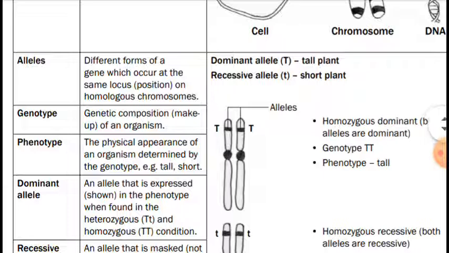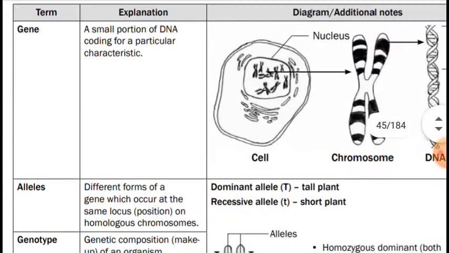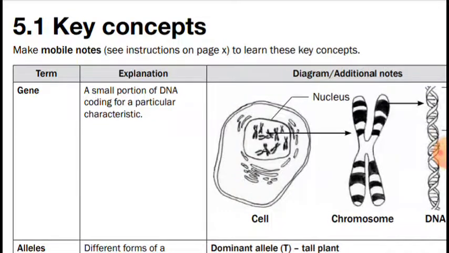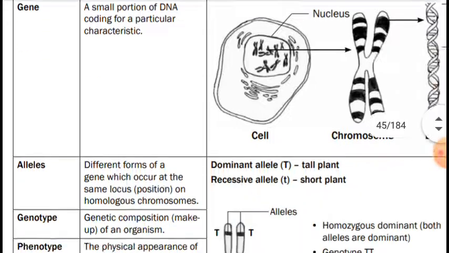So what is phenotype? Phenotype is the physical appearance of an organism determined by the genotype. Where do we find the gene? It is inside of DNA.